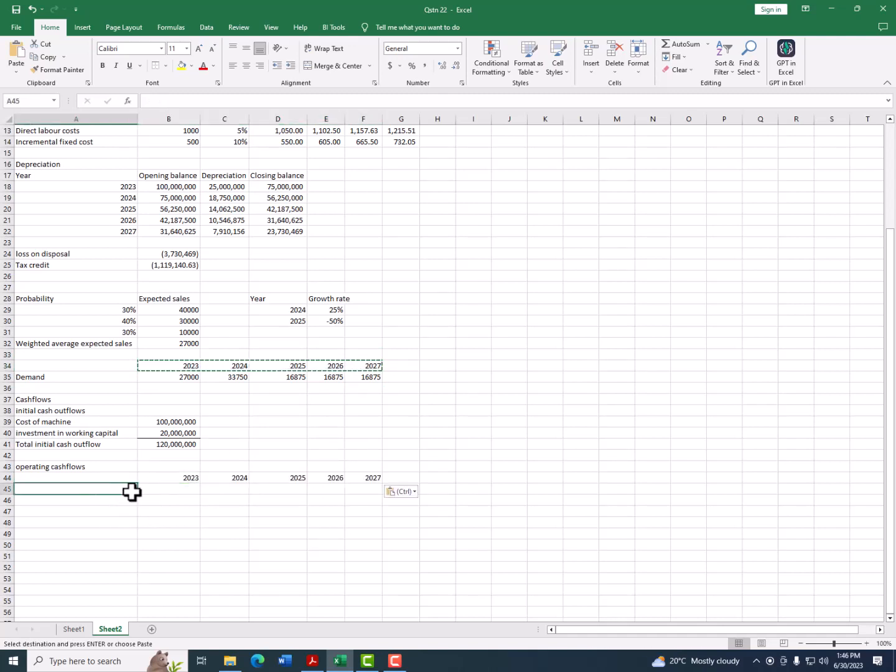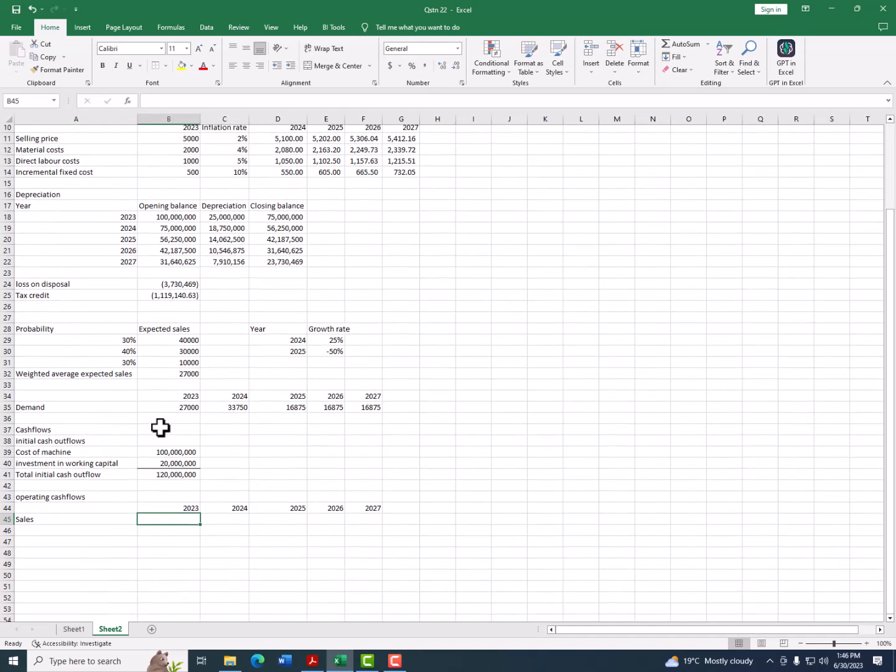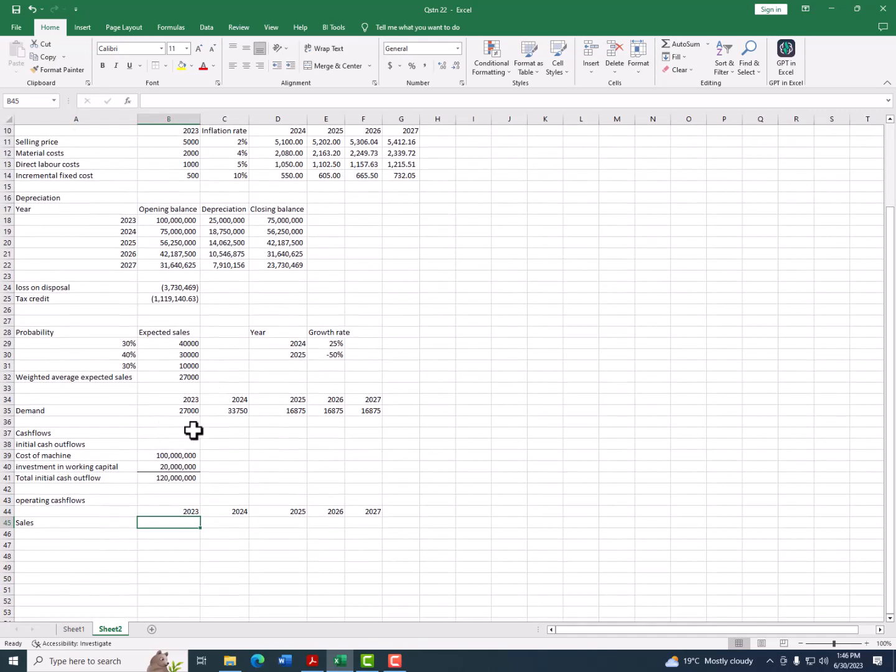Now the operating cash flows, we begin with revenues or sales. Let's call it sales. Some people call it revenue, some people call it sales revenue. So let's call it sales. So the sales is simply the demand multiplied by the selling price per unit. And the demand is changing, so is the selling price based on inflation.